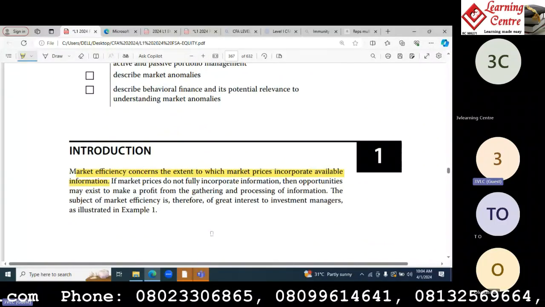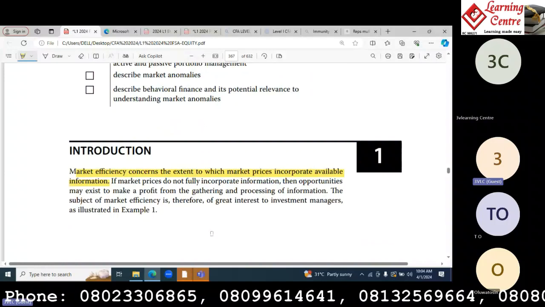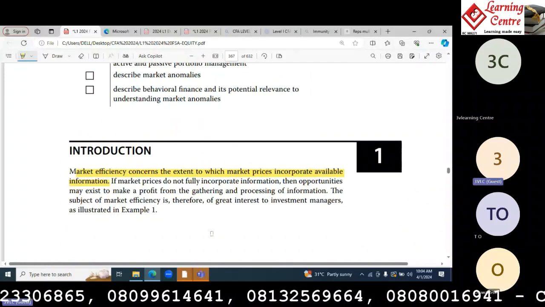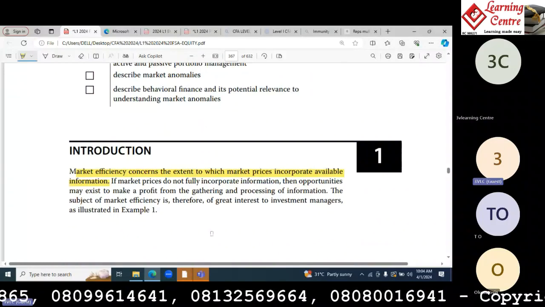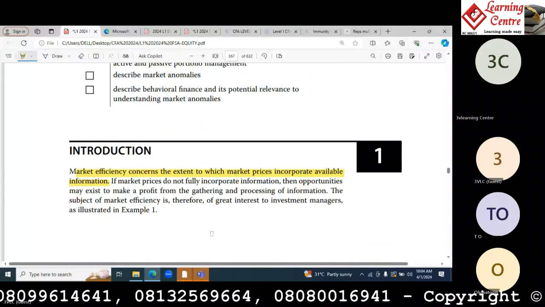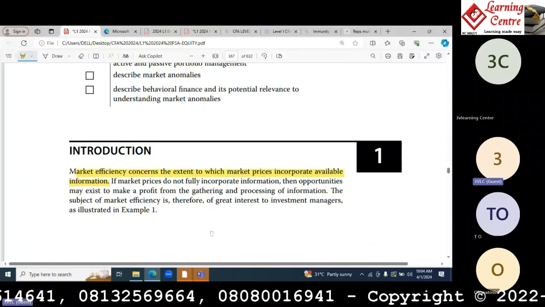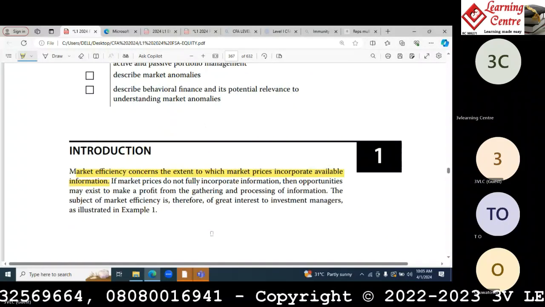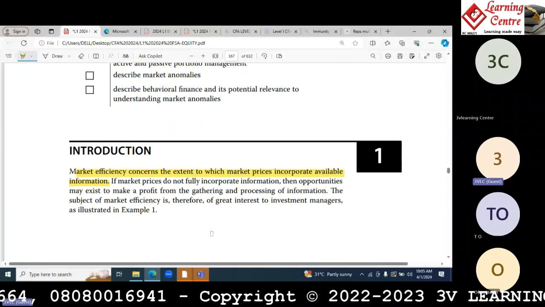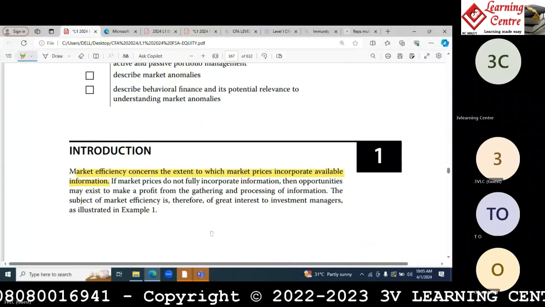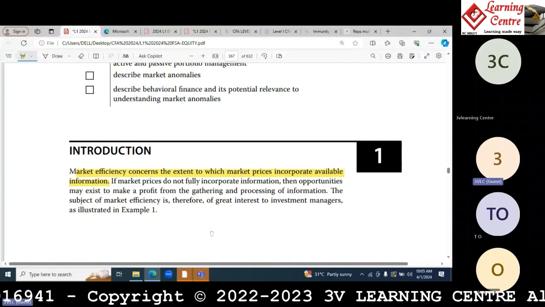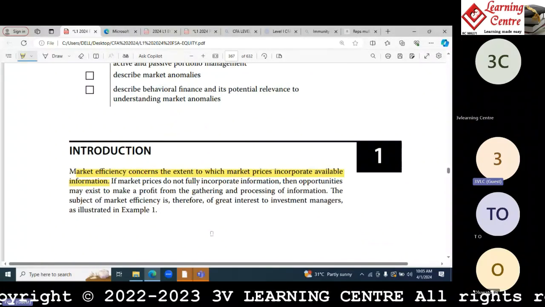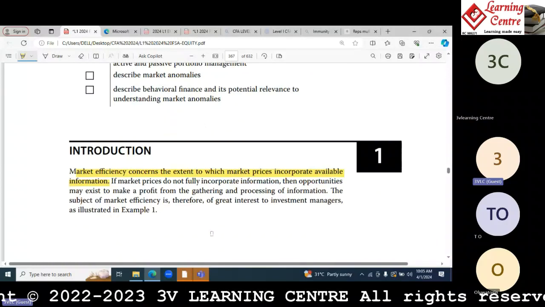Now, remember that you are not the only person that is interested in that investment. So technically, the value of that investment should reflect all the information that all interested parties would have about that investment, such that it should be valued at what we call the true value.